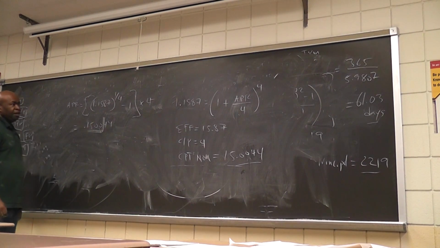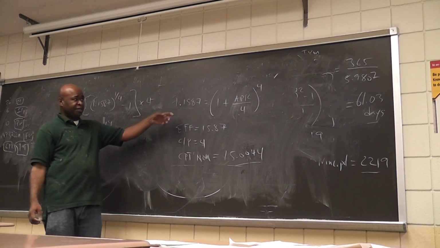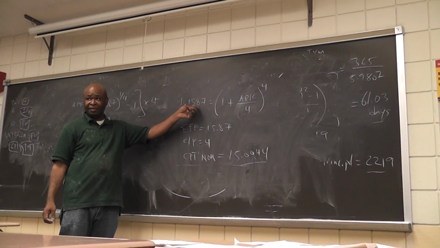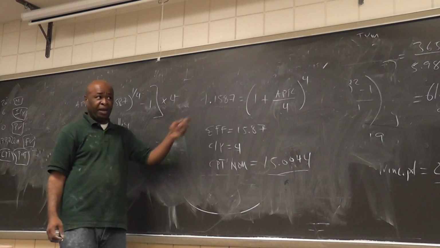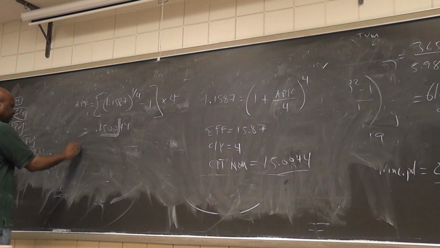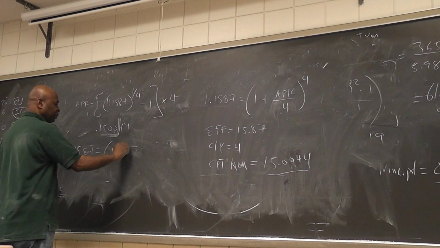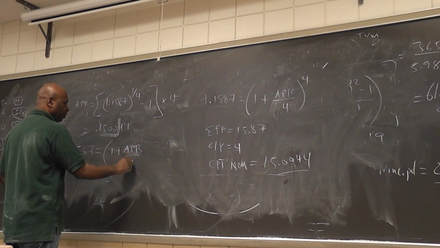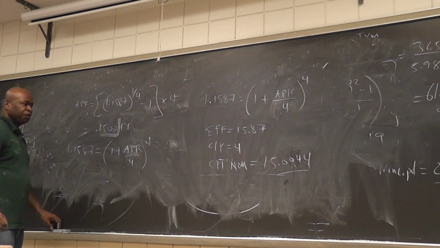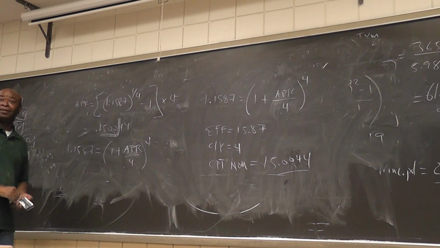Now, you know what the third way is? I still want you to enter this, that 1.1587 is 1 plus APR over 4 to the 4, except that now I'm going to use the PV/FV function.